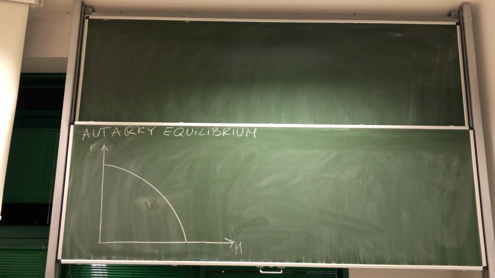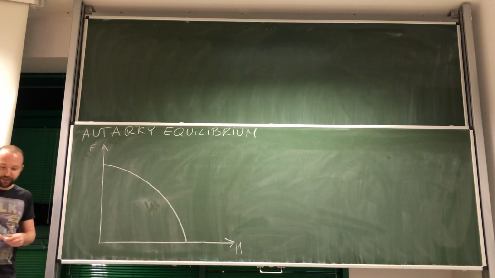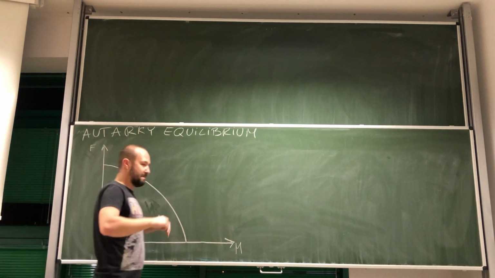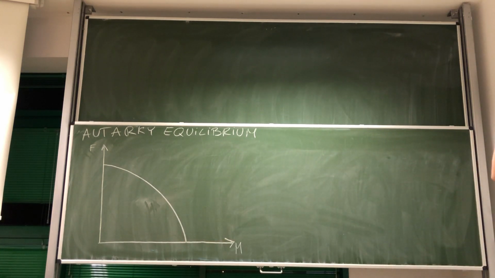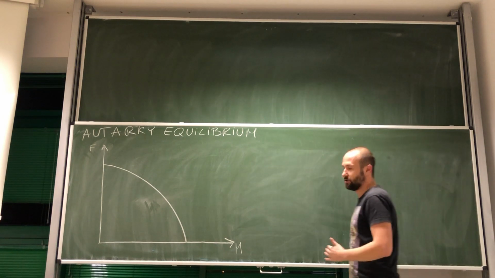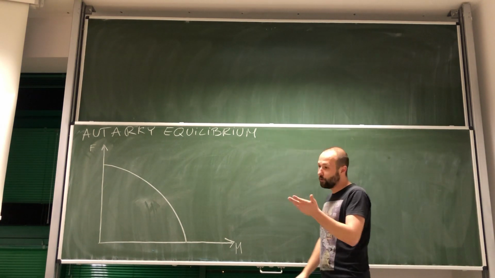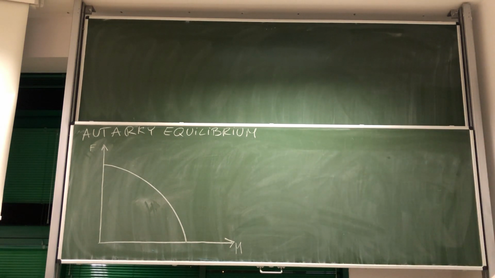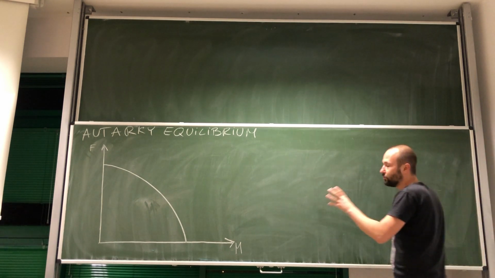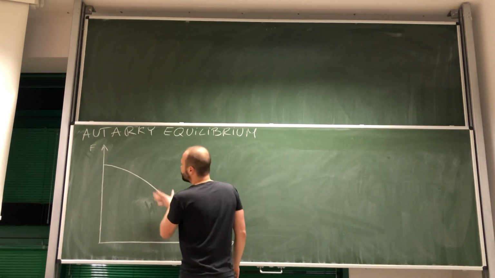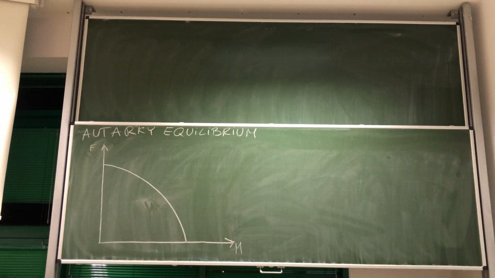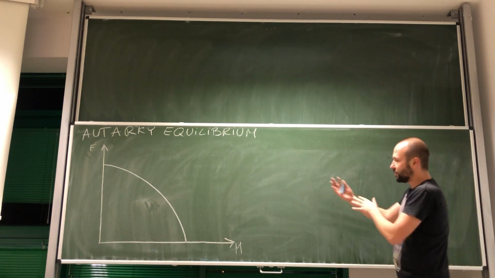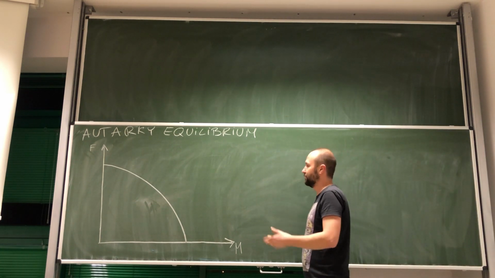Now, the second thing we need to have is a price ratio, right? The ratio of the price of manufacturers to the price of food. Why do we need it? Well, only with this ratio will we be able to choose a point on the production possibility frontier that will tell us how much manufacturers and how much food is produced.